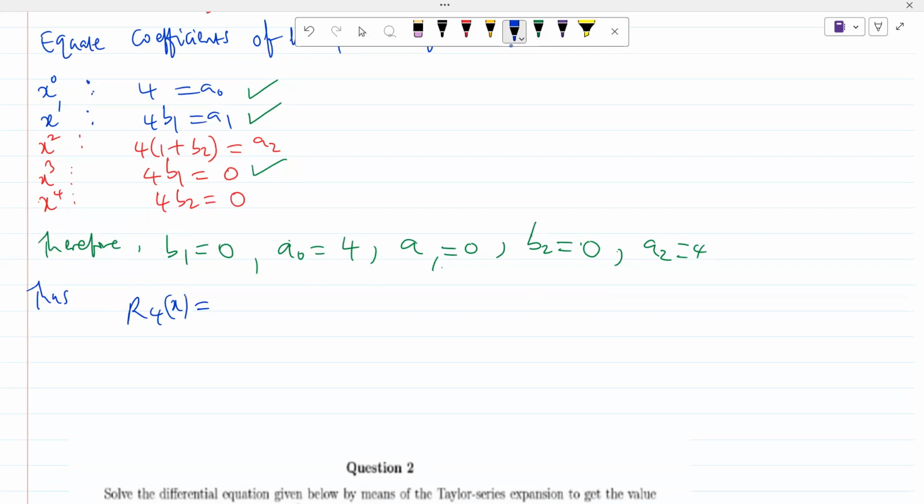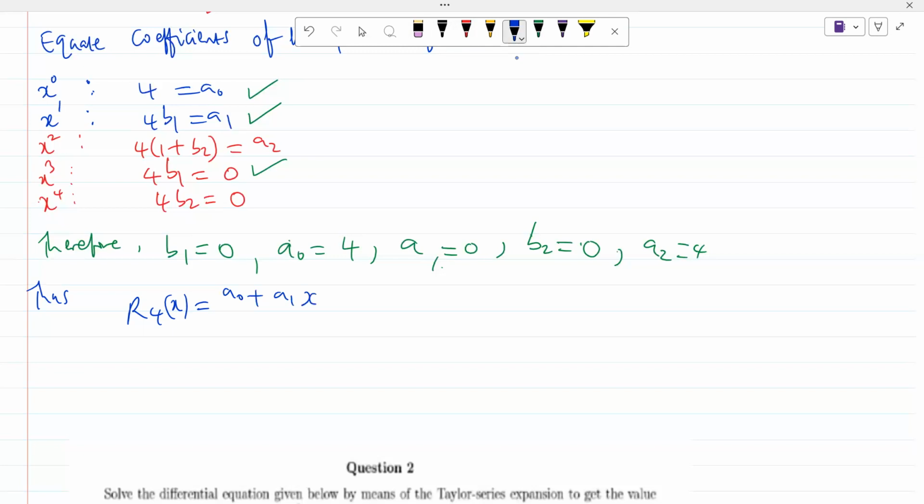We remember what we got earlier. We said R4 is A naught because the question said that the denominator must be of degree 2. So it becomes A naught plus A1x. But I'm going to give a general description of the Pade approximation formula just when we're done with this one so that we can have a general view of this.